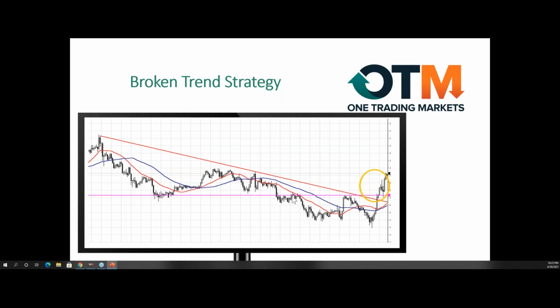One time the market was trying to break it, couldn't do it. Second time couldn't do it, but the third time it could. And the moving average, the price was below the moving average, becomes above the moving average. So all three indicators in the yellow circle were indicating that the market is moving up.